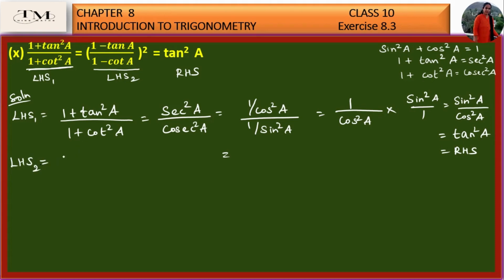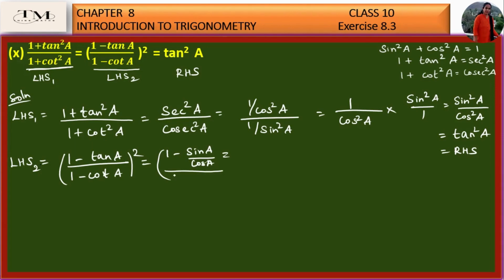So what is LHS 2? It is (1 minus tan A) divided by (1 minus cot A), the whole square. So what is tan A? Tan A is nothing but sin A by cos A, and cot A is nothing but cos A by sin A, whole square. Let me take cos as the LCM in the numerator.